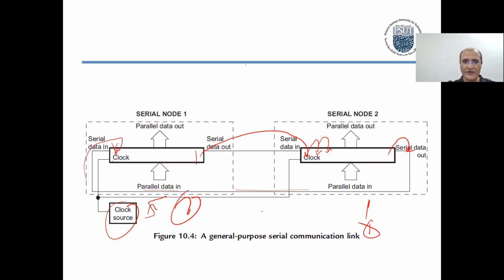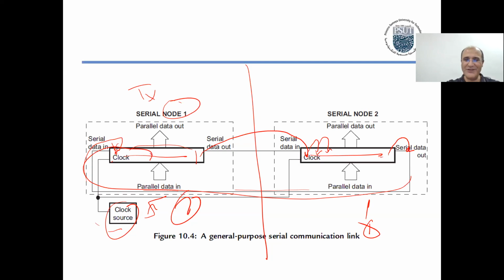So two nodes, a device that is connected through a serial link is sometimes called a node. So this is, for example, a transmitter. After 8 ticks of the clock, the 8 bits that were here are going to be here. Also, the 8 bits that were here are going to come and be here.